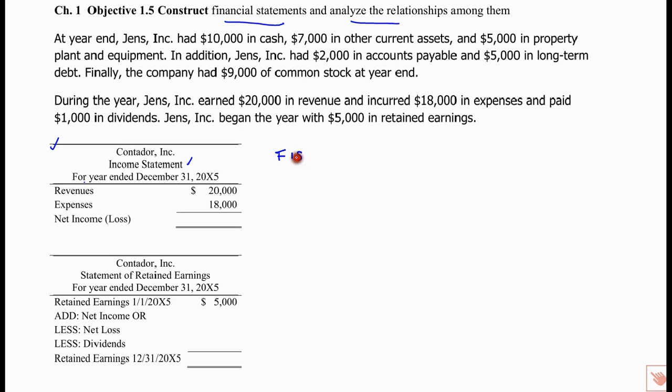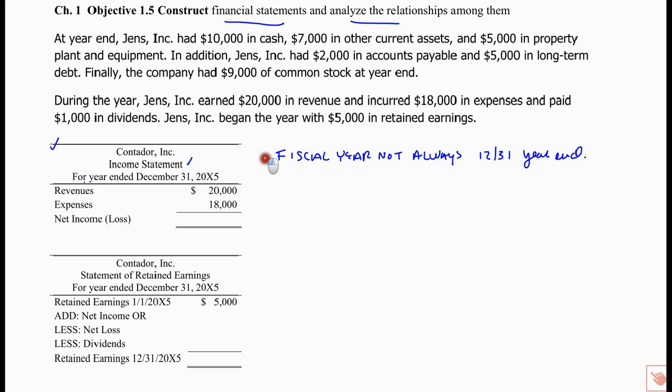So fiscal year, it does not always have a 12/31 year end. For example, retail companies that look at Christmas have a January year end.